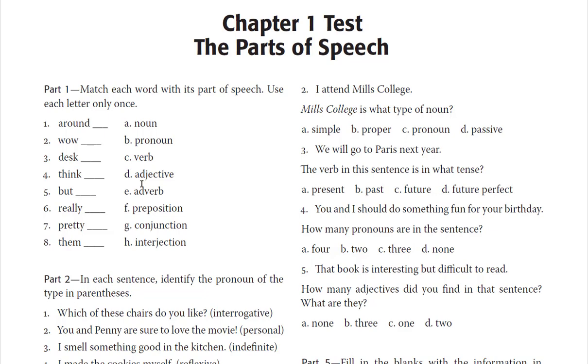Adjective always modifies a noun. Adverbs usually modify a verb. Preposition shows time and place. Conjunction connects sentences and words together. Interjection is an exclamatory word like wow used in conversational English.